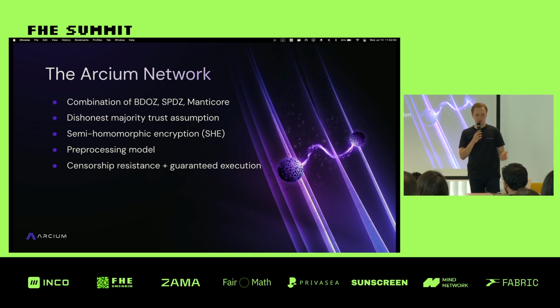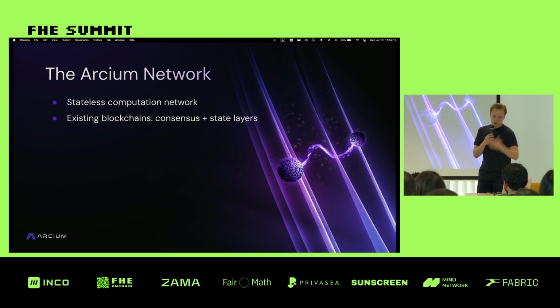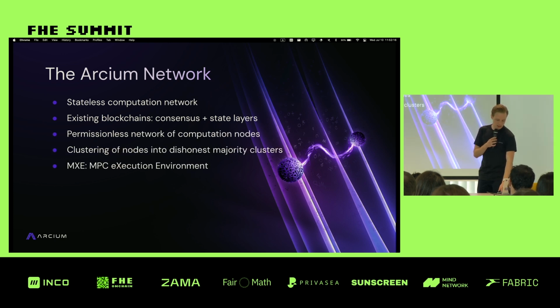So if the computation fails, we can pinpoint which player shared some invalid secret share, and we can punish them. And that allows us, with Arcium, to build a stateless computational network that uses existing blockchains as consensus and state layers.